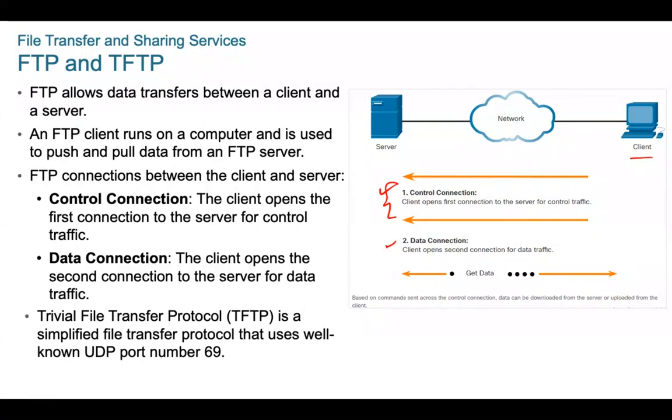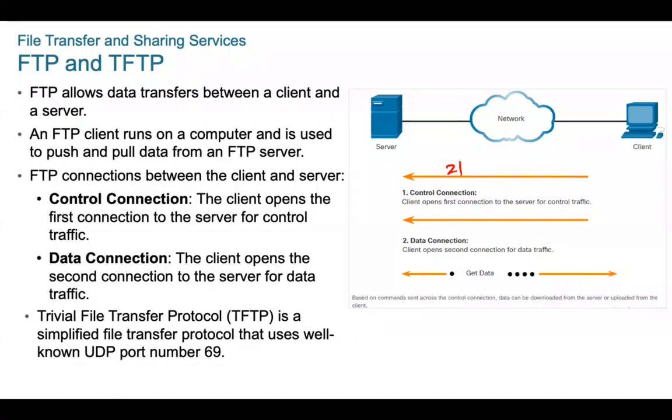In the first one, the client establishes the first connection to the server for control traffic using TCP port number 21, which is for FTP, consisting of client commands and server replies.